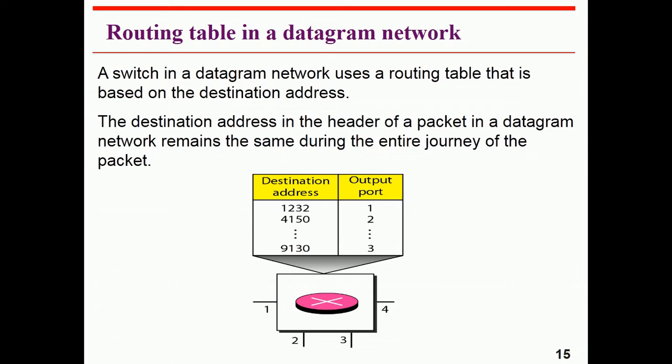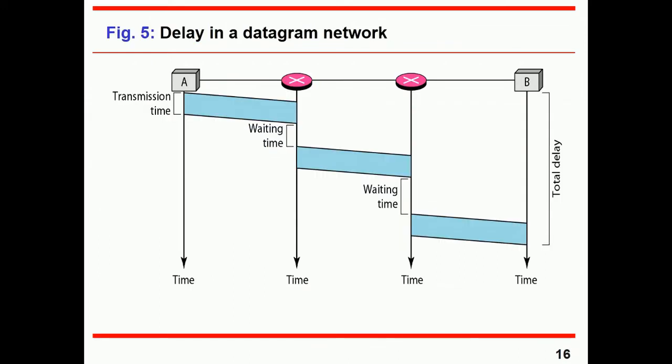So the packet follows different routes, but the destination address will be the same throughout the journey of that packet. Port numbers will be different, routes will be different, but the destination address will be the same.